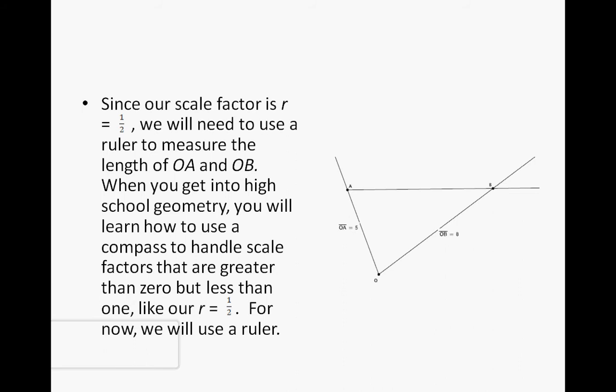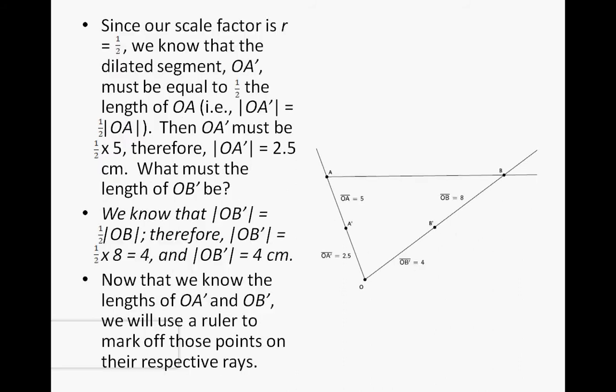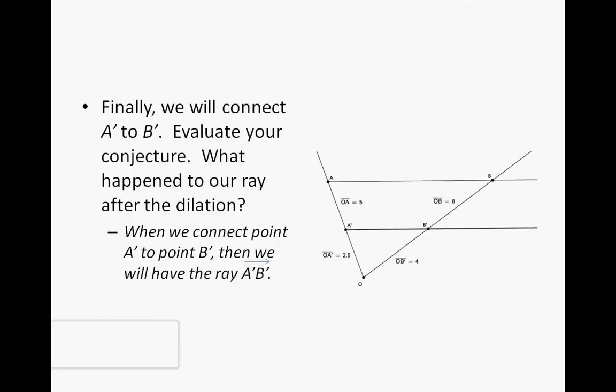Again, I used P and Q. But you can find half of those, which means you would take 1/2 of your line length. And finally, after our dilation, you have ray A prime, B prime, we would have had ray P prime, Q prime. We just used different letters.